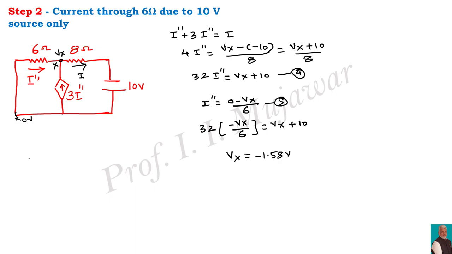Now our objective is to find I double dash. From equation 5, I double dash is equal to minus Vx by 6, so minus 1 by 6 times Vx comes out to be 0.263 ampere.